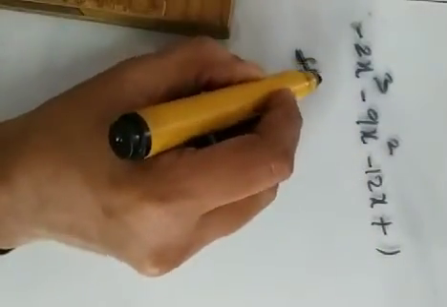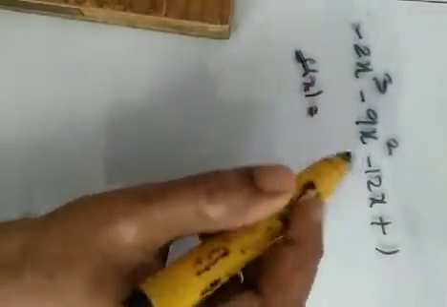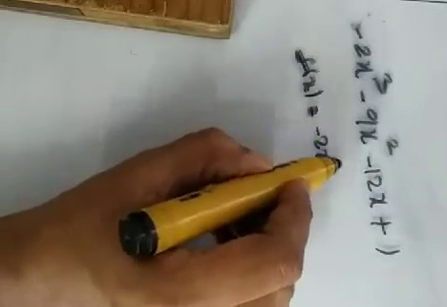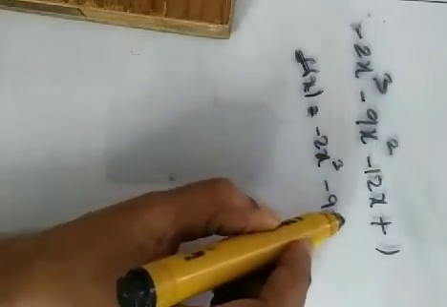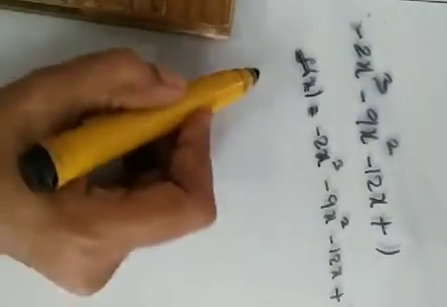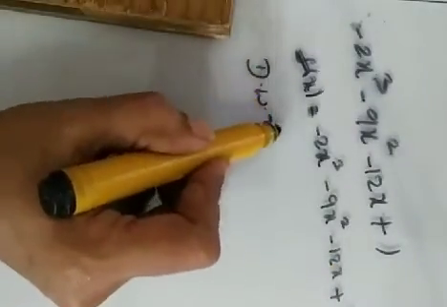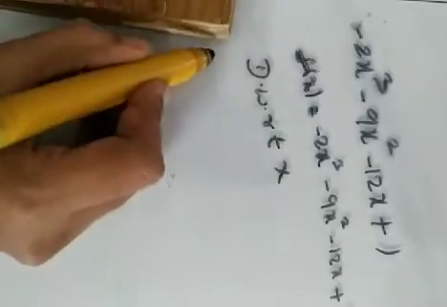So how to solve it? Take the given question as f of x is equal to minus 2x cube minus 9x square minus 12x plus 1. You differentiate the equation with respect to x.